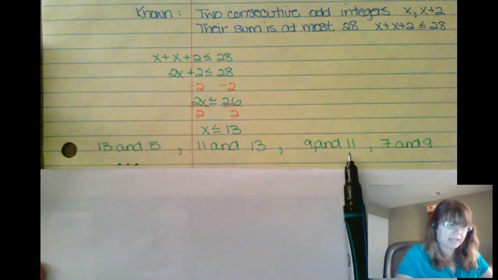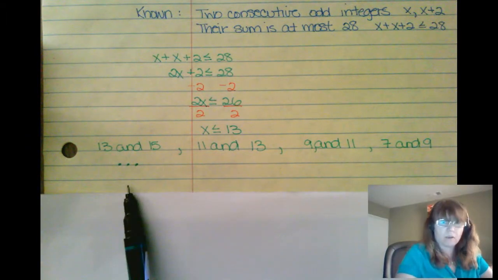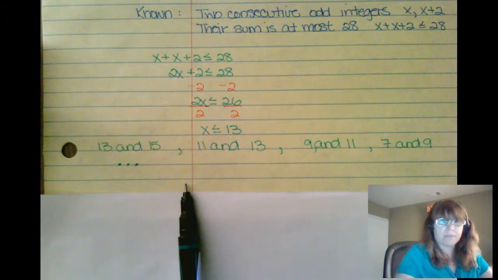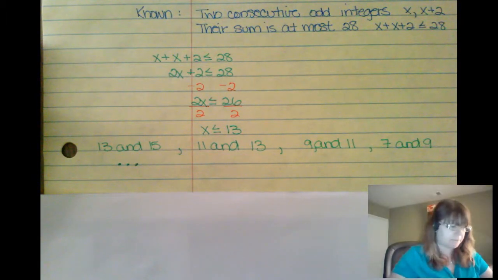Likewise with 9 and 11, 7 and 9, and so on, all the way down to 1 and 3, if we're limited to positive odd integers. If it's any odd integer, it will go on indefinitely to the negative side.